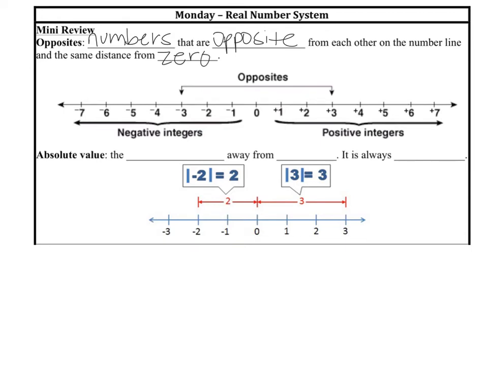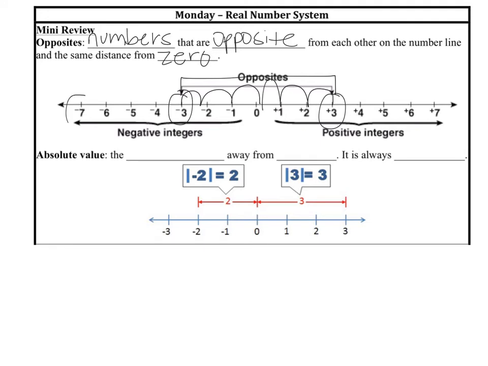So for instance, -3, +3. They are opposite to one another on the number line, and they are both the same distance from zero. -3 is 1, 2, 3 away from 0, and +3 is 1, 2, 3 away from 0.